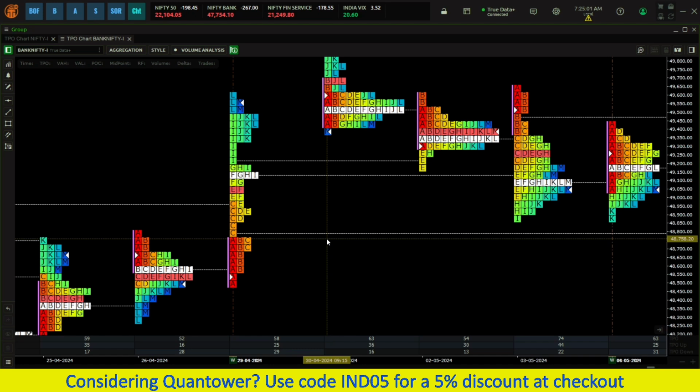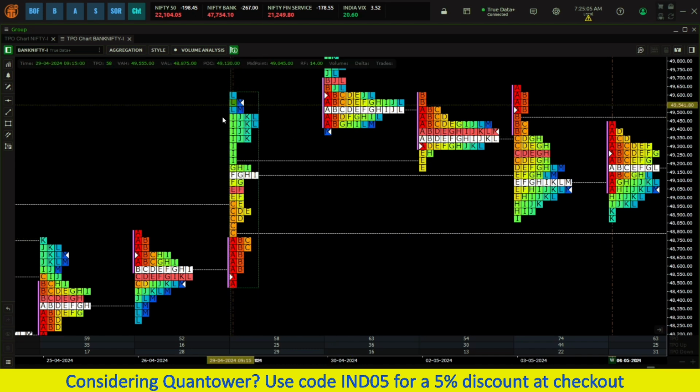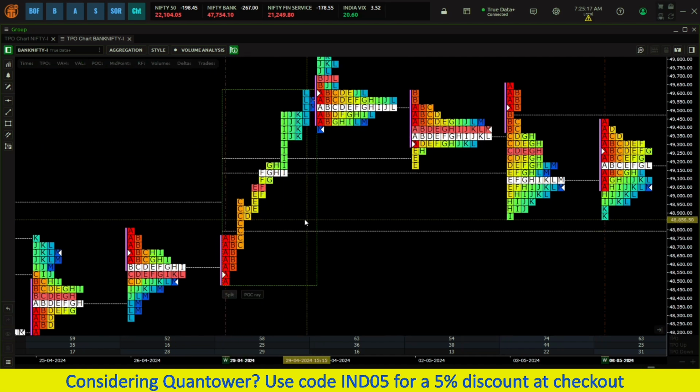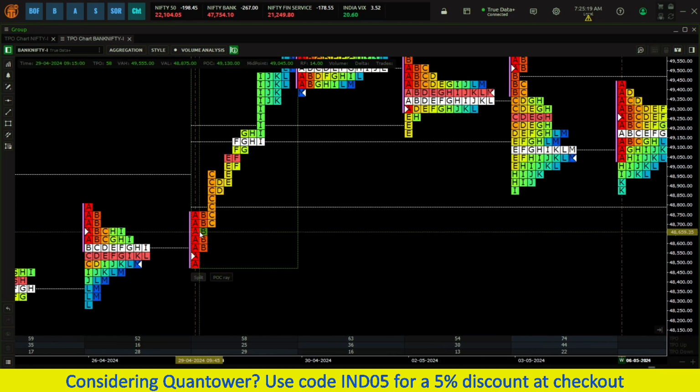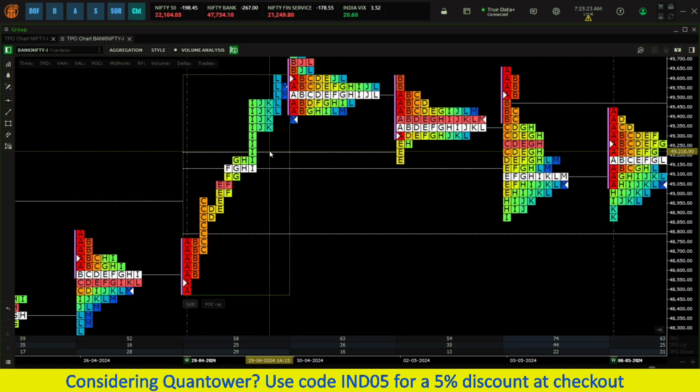Again guys, there is one personal observation of mine: especially in trendy day profiles, we don't see more than 4 TPOs, okay. At most we can have almost 4 TPOs like this, because we see this sort of higher high and higher low formation in the 30 minutes time frame.